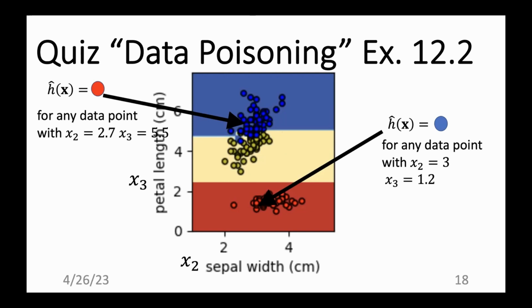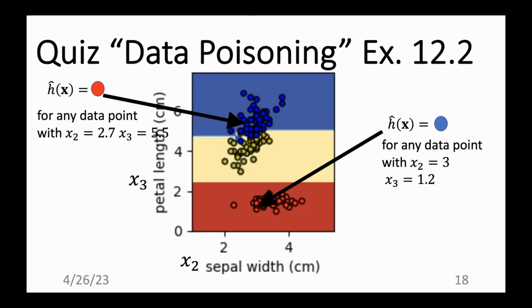You should poison this data set such that if you feed the poisoned data set into a learning method, into a decision tree in particular, the DecisionTreeClassifier .fit function, the resulting hypothesis predicts well on the original iris data set. So it should achieve as high an accuracy as possible on the original data set.